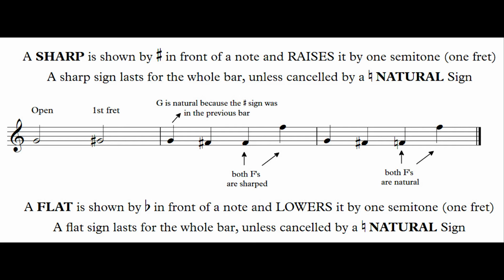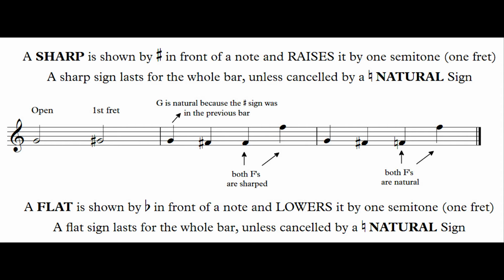So if you take a look at the second note, we have an F sharp, and then the next both F's are sharp, even the one that's not in the same string, like the second F on the first string, which also becomes an F sharp. So all the F's following become sharp automatically.